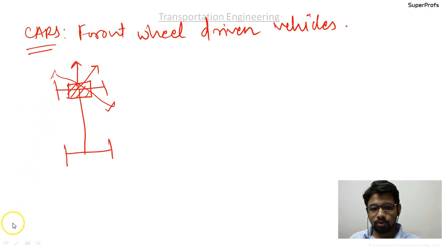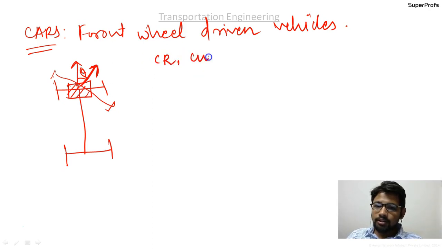So in such cases of front wheel driven vehicles, if this is the direction of motion, this itself is the direction of the power generated by the engine. Whatever is the direction of the motion, that itself is the direction of the power generated by the engine.